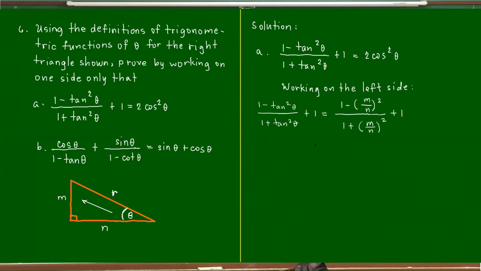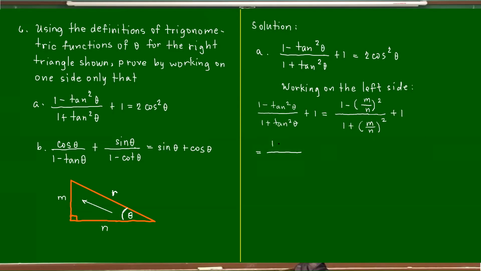Okay? So this is equal further to, let's simplify further. Let's make a fraction. We multiply both the numerator and denominator by n squared, and at the same time we square this m over n.